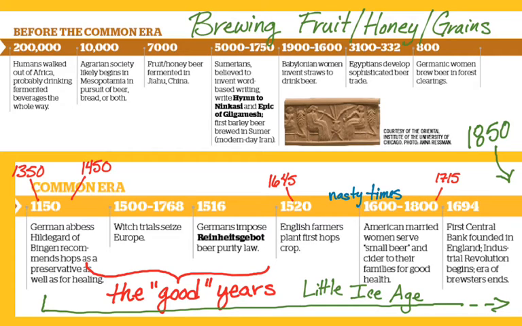So you've got this before Common Era timeline that I drew from the web, and Common Era. So if we go to the before Common Era, this is BCE, you have to look at this and say, who is doing the brewing? Women are doing the brewing.